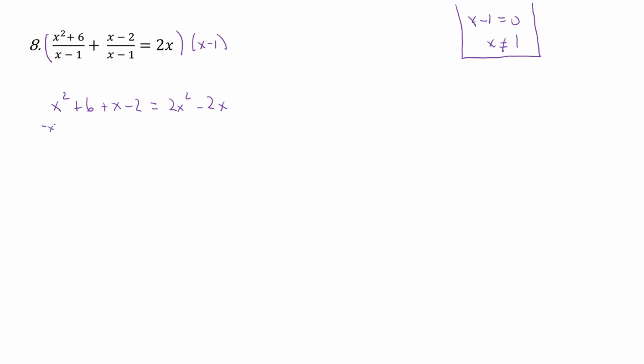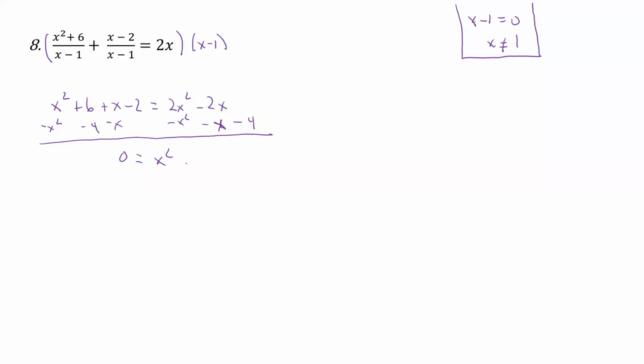So I'm going to subtract x squared, subtract x squared. Well, here I have 6 minus 2, which is 4. So I'm going to subtract 4, and then here I'm going to subtract x, and subtract x. All right. So when I do that, everything over here cancels, and I get 0. 2x squared minus 1x squared is x squared.